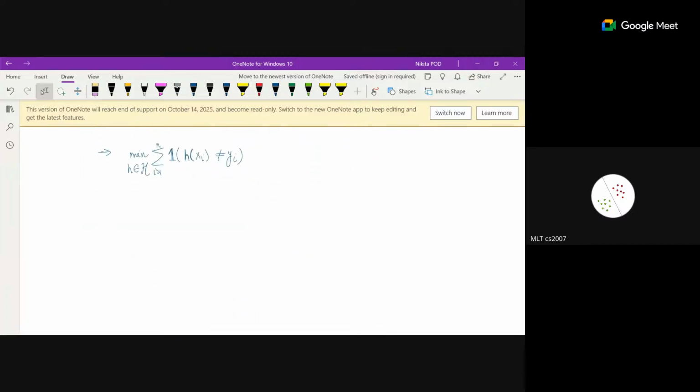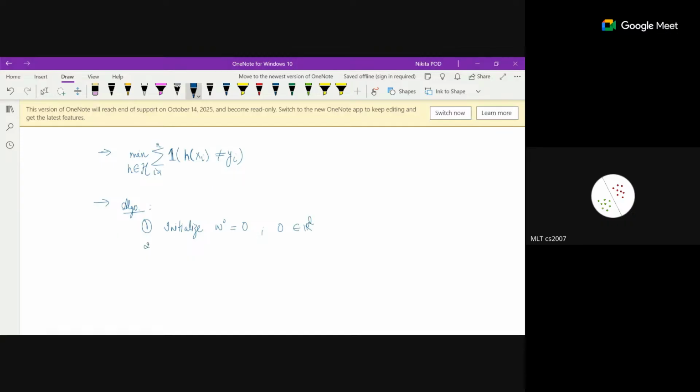So what does the algorithm say? What is the algorithm for the perceptron? The very first thing is that we initialize my W naught, where W naught is in R^d.